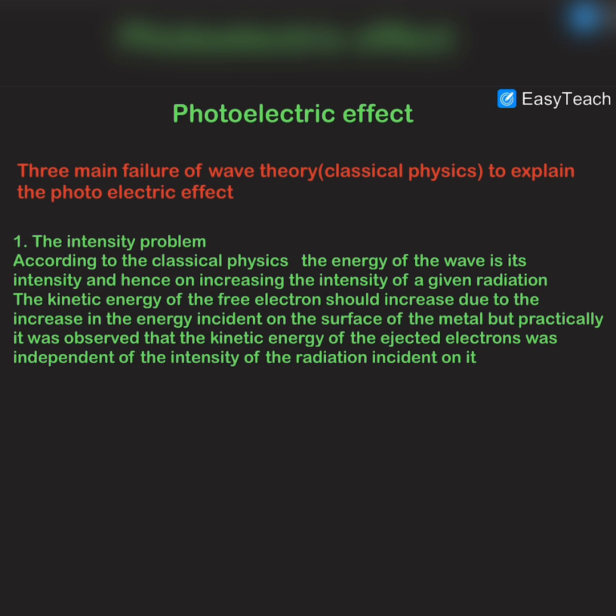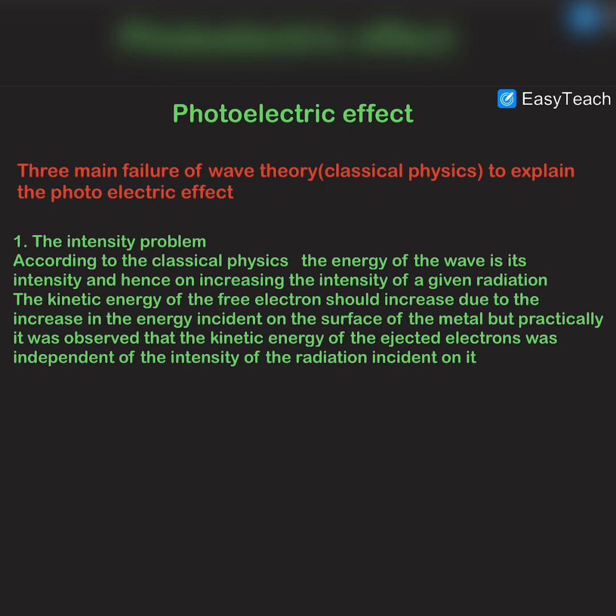So now let us discuss the failures of the classical physics theory to explain the photoelectric effect. The first failure was the intensity problem. According to classical physics, the energy of the wave is its intensity. Obviously, we have studied waves, and we assume that energy is intensity.